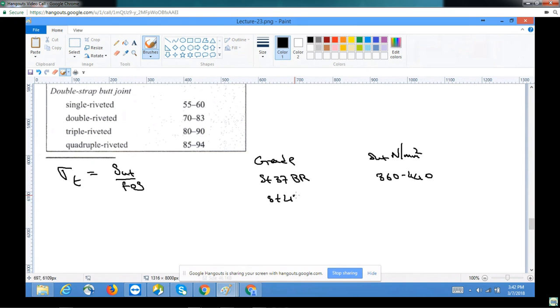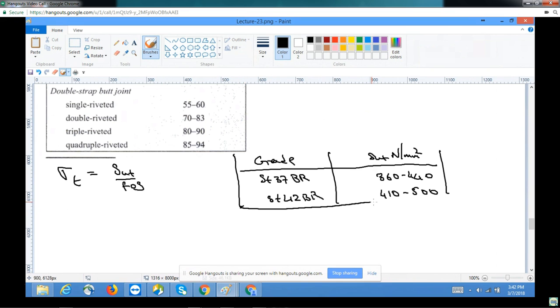Then ST42BR grade has a SUT ranging from 410 to 500 Newton per mm square. So this sigma t is obtained depending upon the grade used, and based on that one can decide the minimum thickness of the cylindrical shell required for the boiler shell.